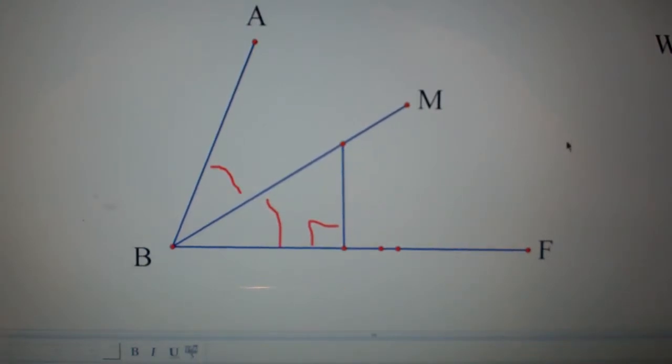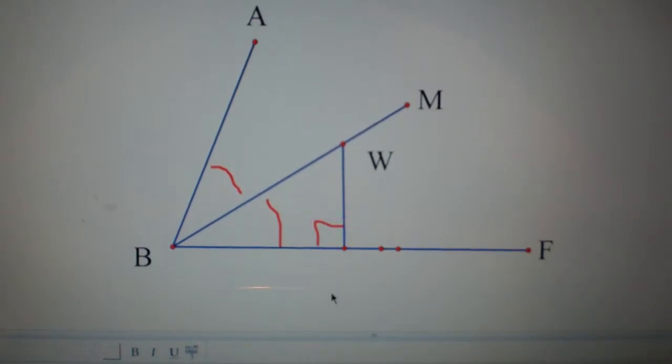Lost my point there. So let's just go ahead and call this point W now. Okay, so the shortest distance from point W on the angle bisector to the side of the angle BF is a perpendicular line going through the point W to the side BF. If it's not perpendicular, like say this, then we can't say that it's going to be equidistant to anything.